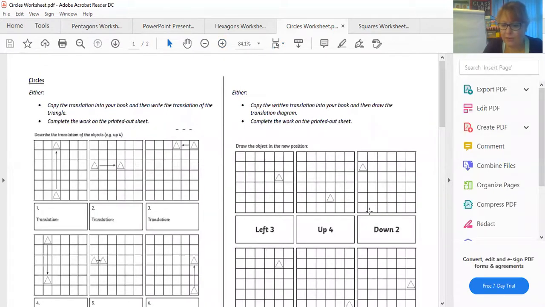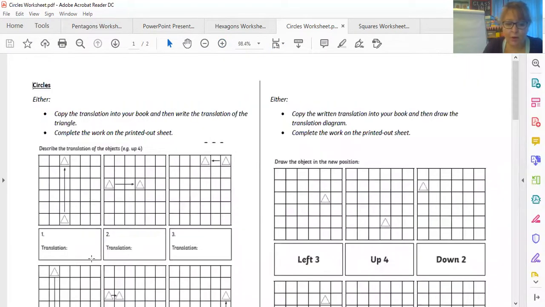So if I zoom in a bit, you can either copy this translation in your book using the grids in your book, so drawing a triangle and then drawing the arrow and drawing the new triangle, and then writing underneath up 7, up 5, up 3, whichever it has.